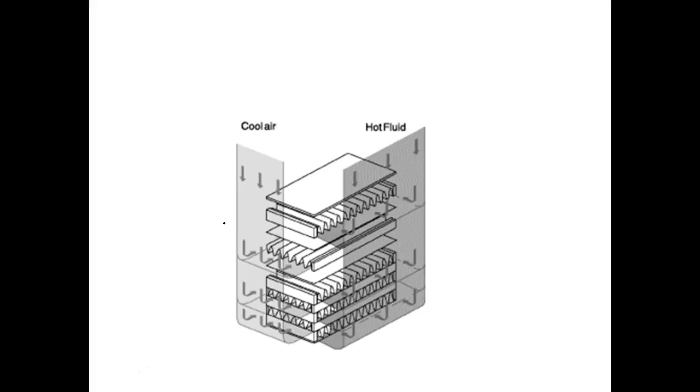If you look at the copper ones, for the same thermal resistance they'll be smaller, but they're going to cost a heck of a lot more. Normally, when you bought an Intel processor, it would come with the heat sink. But if you were going to overclock it, you had to use a different heat sink, because the one that was on there was designed for that processor running at its normal speed.